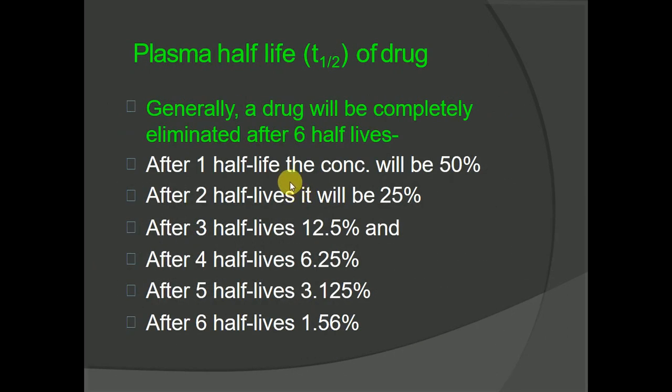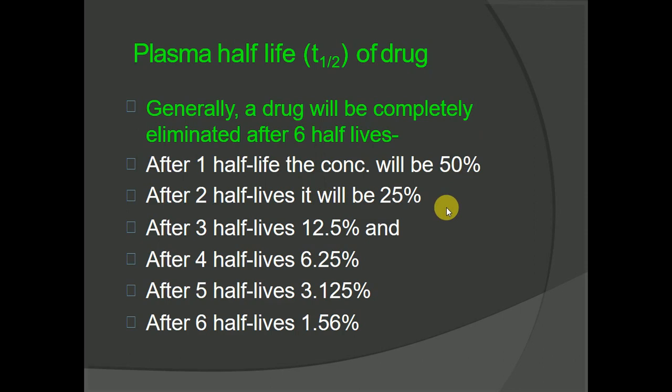Regarding the plasma half-life, generally a drug will be completely eliminated after 6 half-lives. Look here, there are 6 steps, and after one half-life the concentration of the drug must be reduced to 50%.